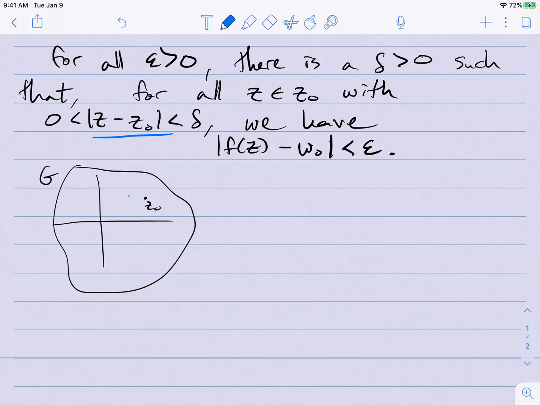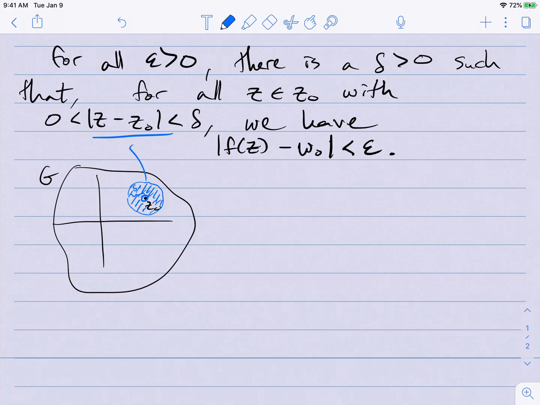Well, I'm choosing some delta, and I'm just saying for all z inside this disk, but not including z naught itself. So inside this circle of radius delta, but not including the center point. So these are the z's that I'm looking at.